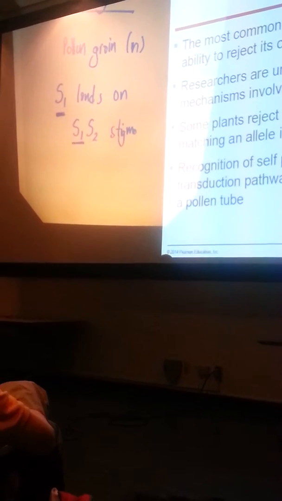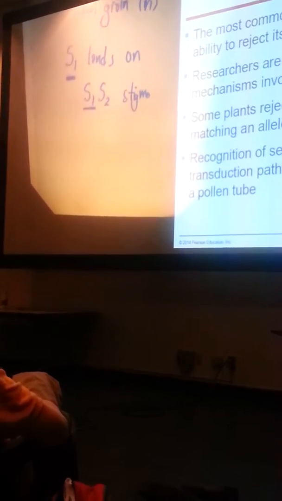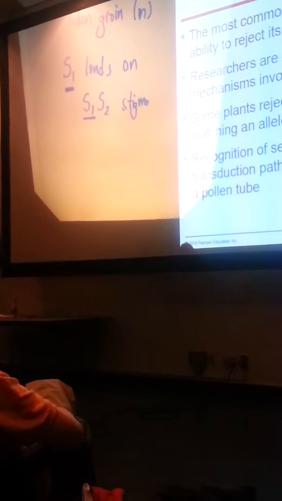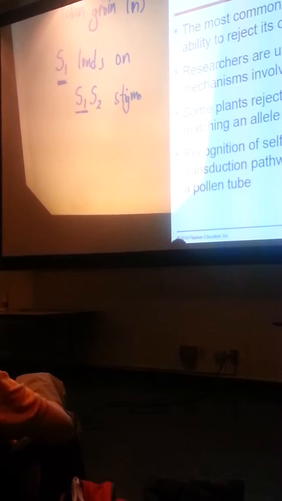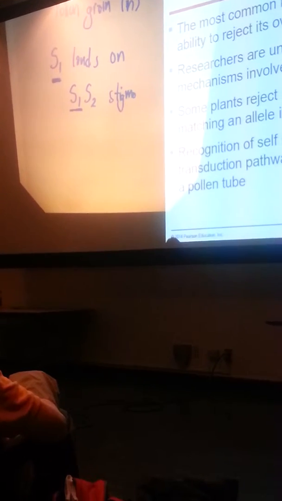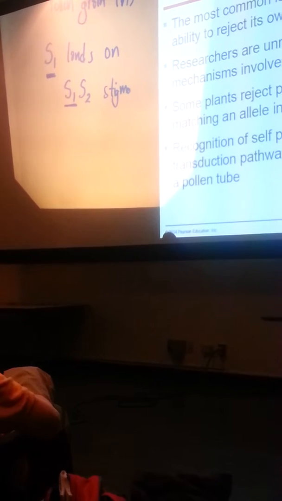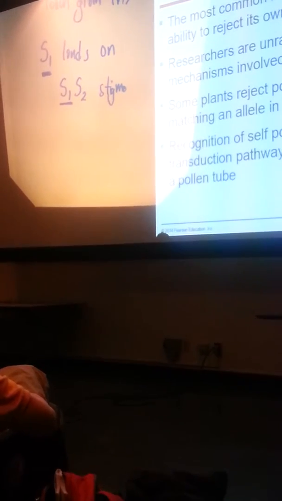That's because it's different than the other one. Just big picture, different species of plants employ different strategies to prevent selfing. Some of them engage in the gametophytic kind, some of them engage in the sporophytic kind.